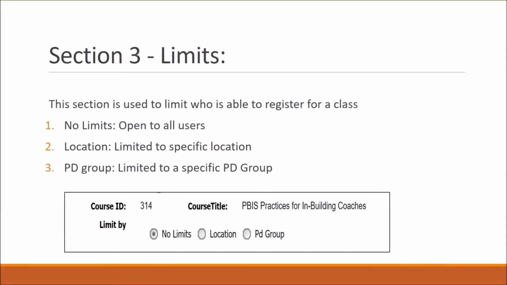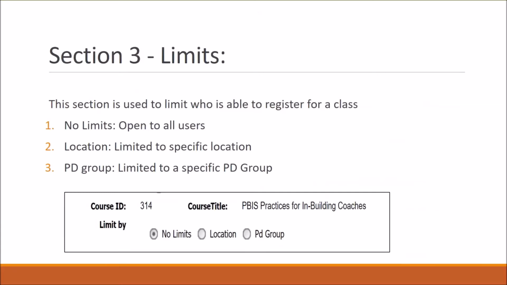Okay, tab C relates to limits, and you can have no limits, in which case there will be a registration button showing for everyone who goes to the course registration page. You can limit by location. Say you have a PLC just for one site, and so you would choose your location, and anyone who doesn't have that location will not see the course registration button.